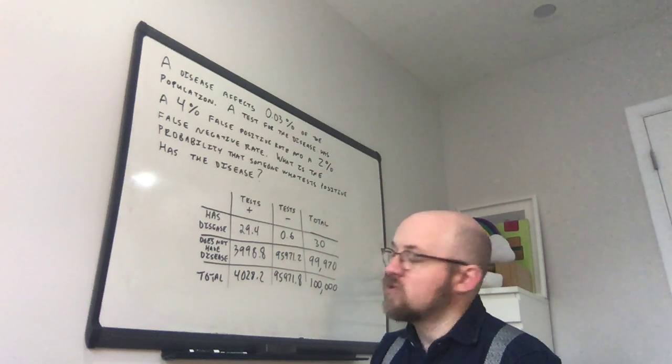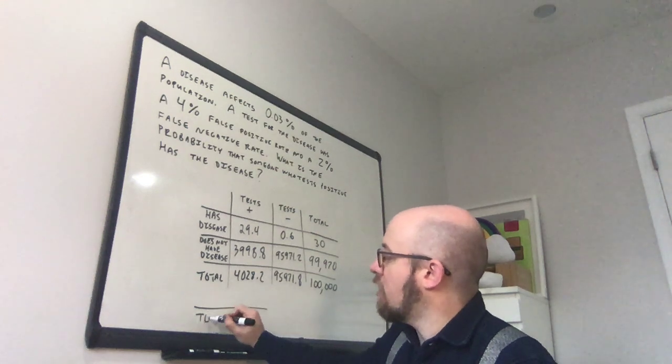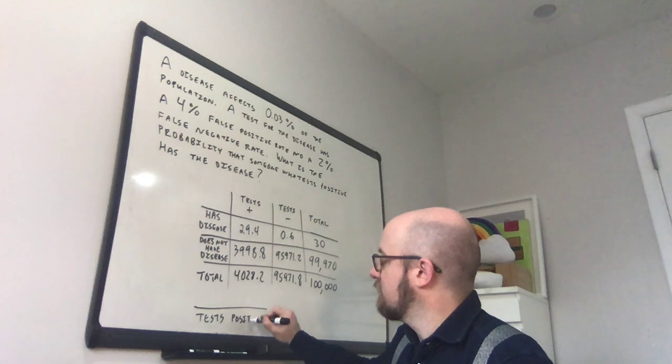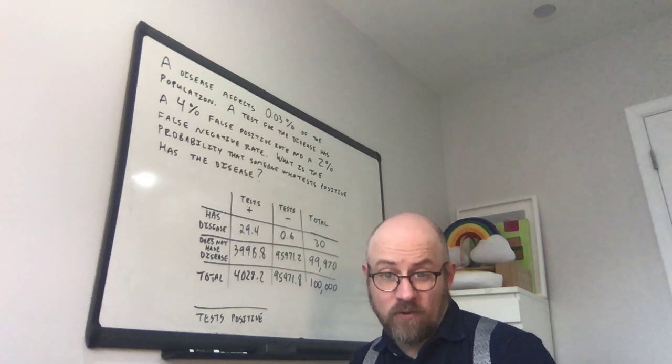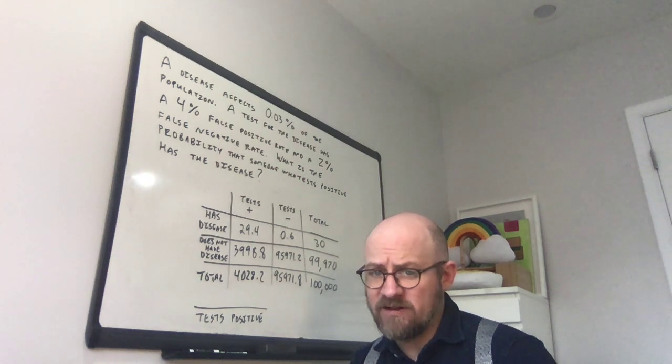If they test positive, what's the probability that they have the disease? So we're looking at a probability out of all of the people who test positive. In this example, we already know that they've tested positive. We want to know the probability that they have the disease.